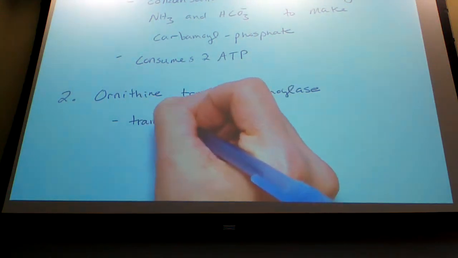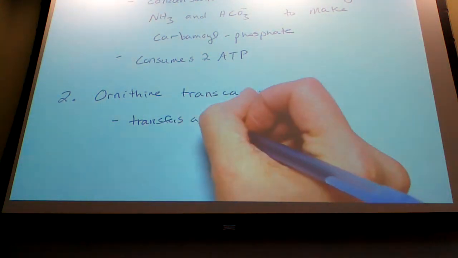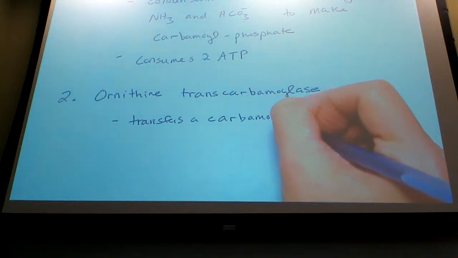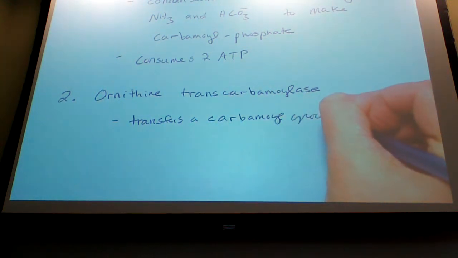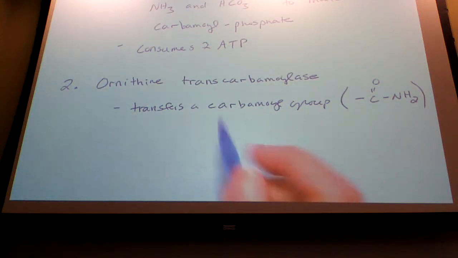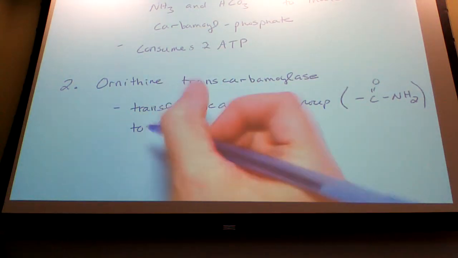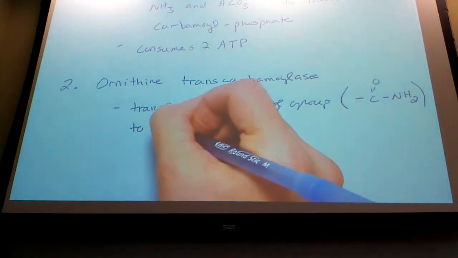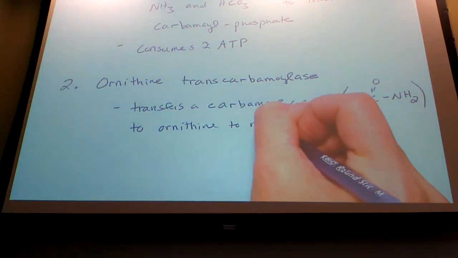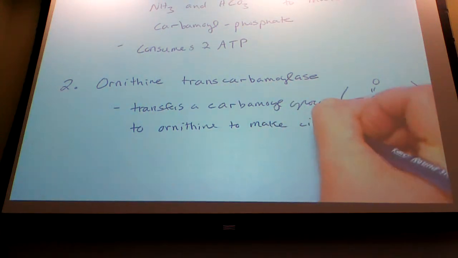This transfers a carbamyl group, which is basically this, to ornithine to make citrulline.